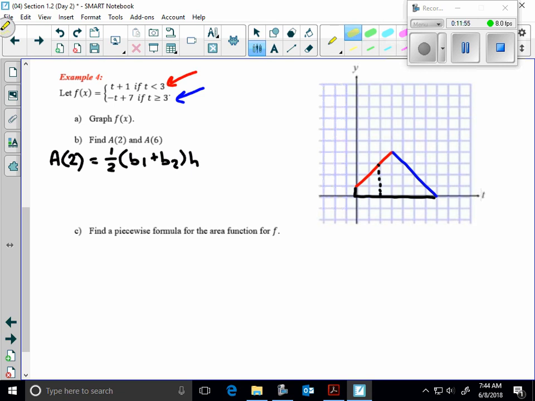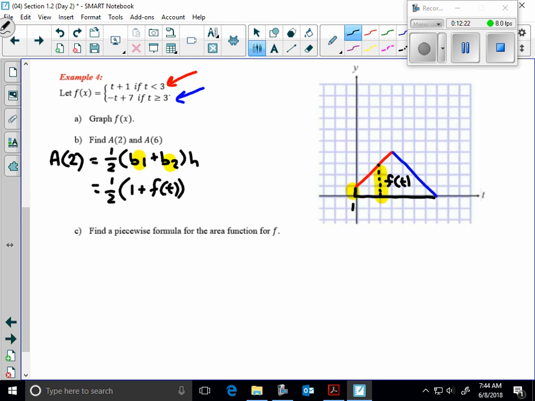My two bases of this trapezoid are going to be there and there. Those lengths, well, we know this one will always be 1, and this length will always be f of t. So basically what we have is 1/2 times 1 plus f of t.